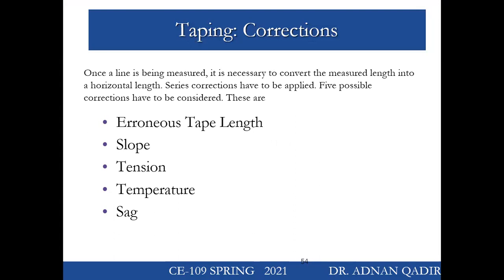So once you have measured the length, this is not final, and you have to apply corrections. Once the correction is added or subtracted, then you will have a true distance.